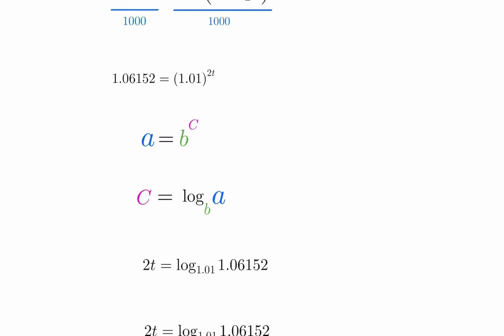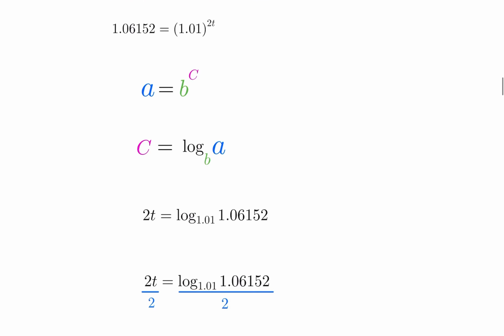Then what we're going to do is say c is equal to the log of a base b. That's our c right here, 2t.